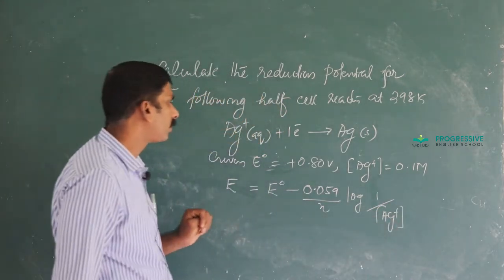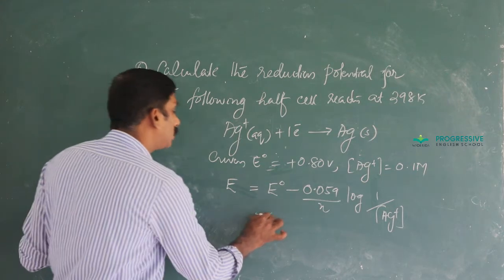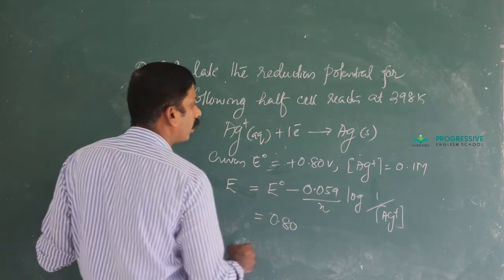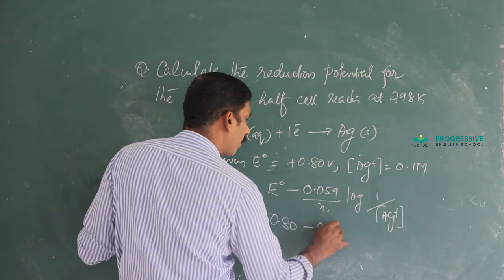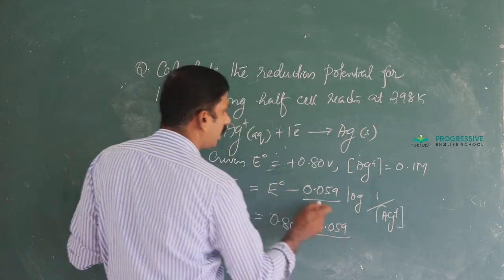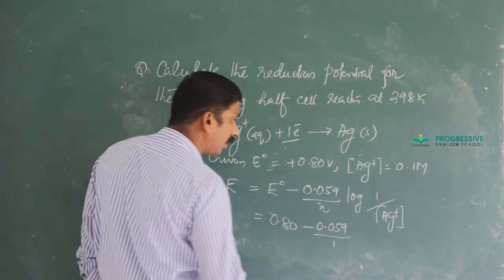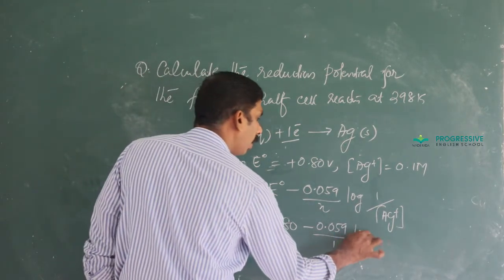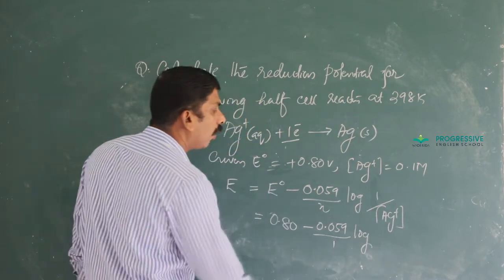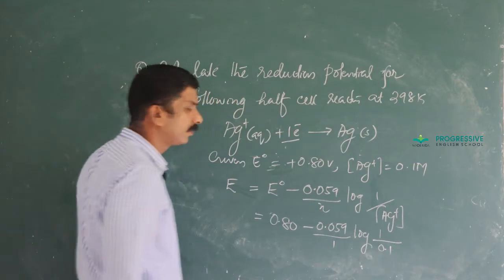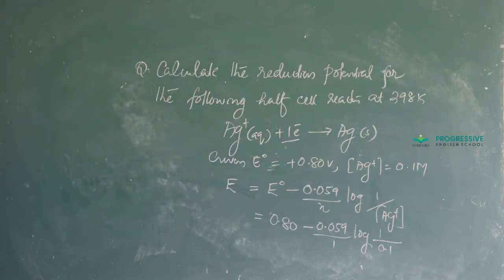Here the E0 value is 0.80 minus 0.059 divided by n. n means the number of electrons involved in the electrode reaction, that is equal to 1, log 1 divided by, here the molar concentration is 0.1, 1 divided by 0.1.